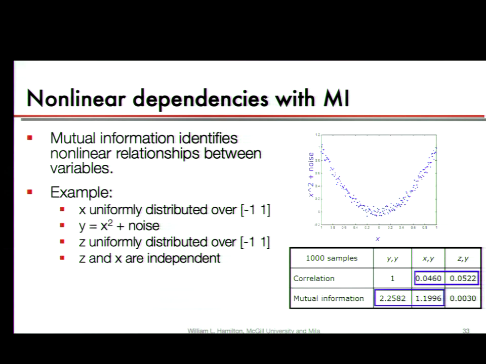In fact, the correlation is about the same as the correlation between y and random noise, where z here is just random noise. But the mutual information between x and x squared plus noise is 1.2. So it's telling us that there is a relationship between x and y. Of course there is, but we just couldn't see that when we were looking at linear correlation.